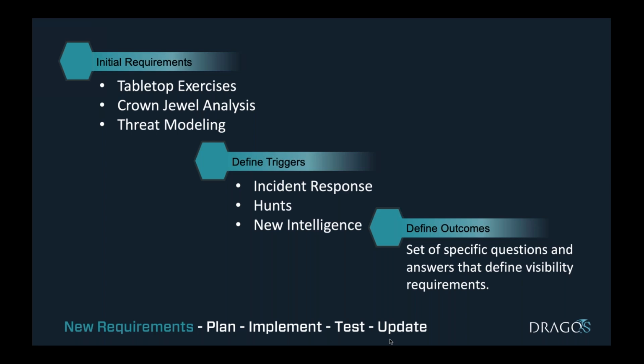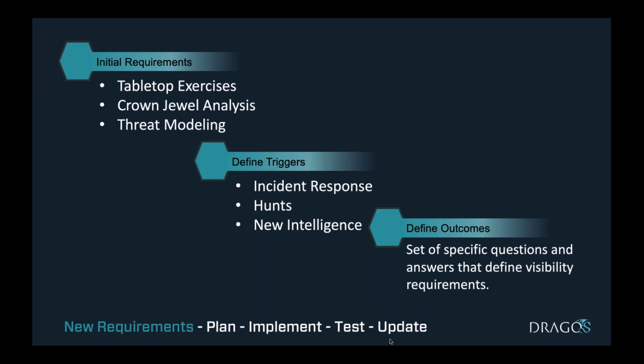But from a sustained basis, so when you get back to the cycle and you're now into the spot, the next trigger is you've already defined a core set of requirements, but you should have new requirements coming in over time.